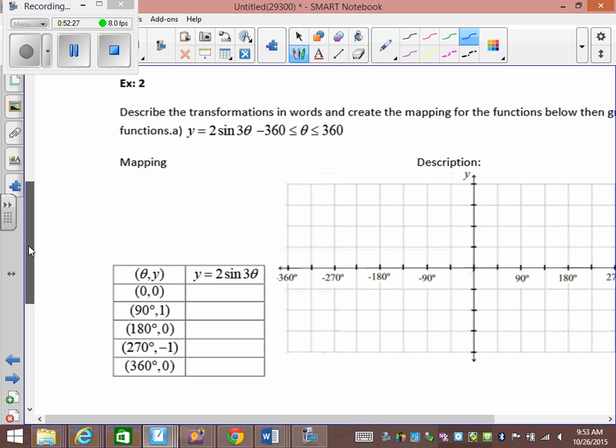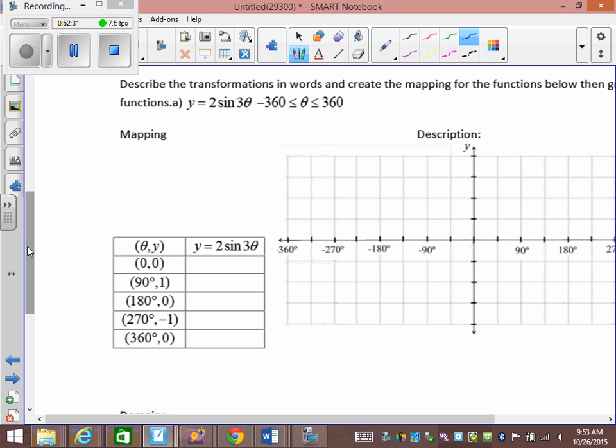We want to graph it out to negative 360 and 360. So if we do mapping, our x, y coordinate is going to become what? What's going to happen to my x? Multiplied by what?